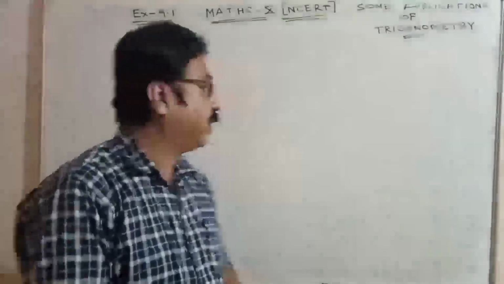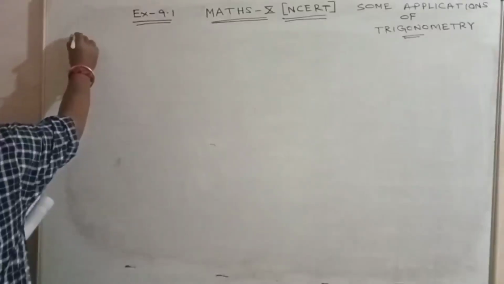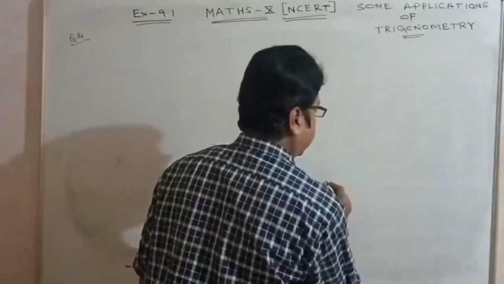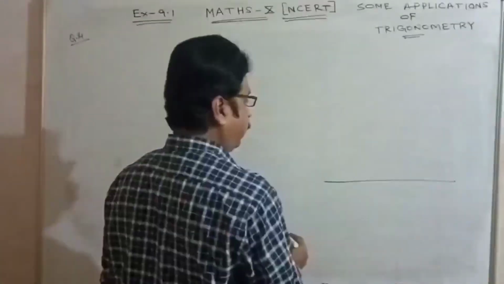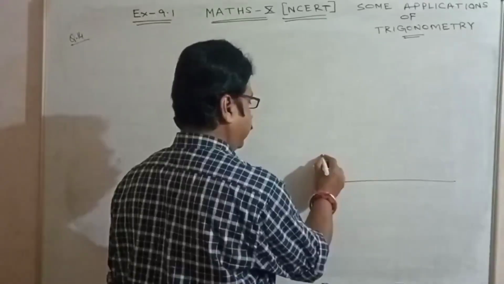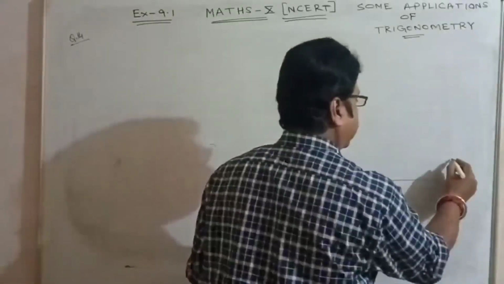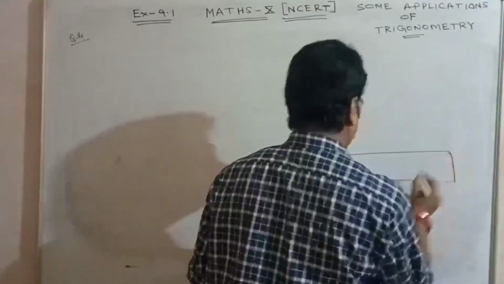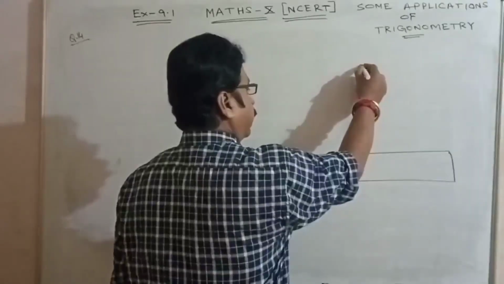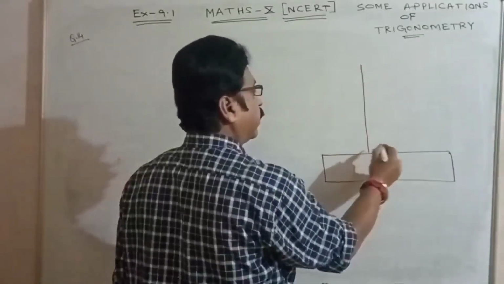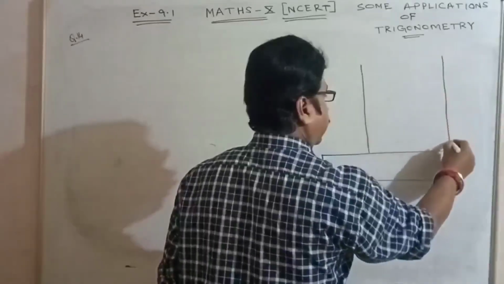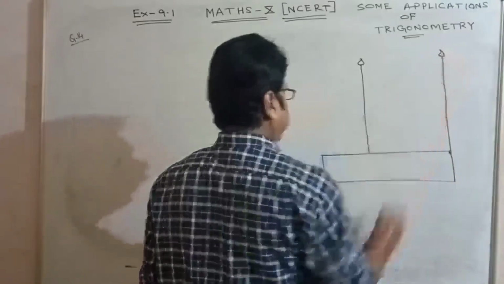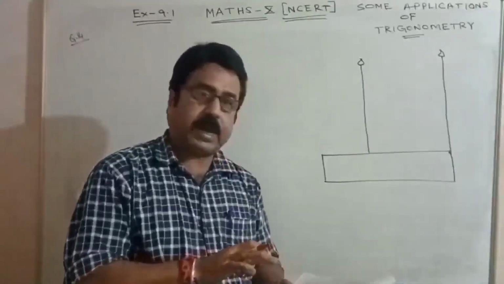Now, question number 14. This is the ground level. Diagram is given for this sum.